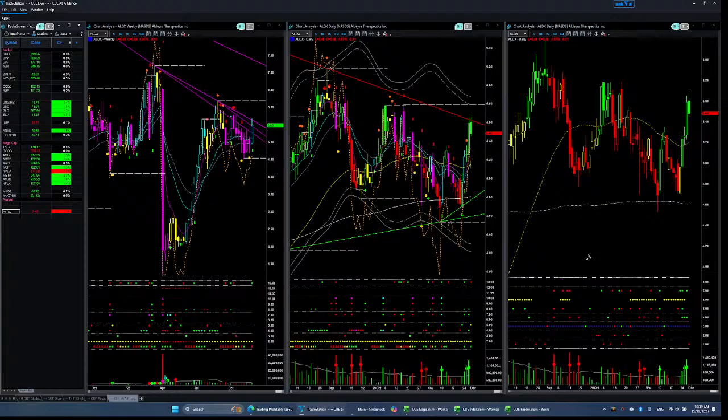If the trend line resistances were not there, if the memory lines were not there, it would be very difficult to identify it as a short candidate. But we have the trend line resistances.